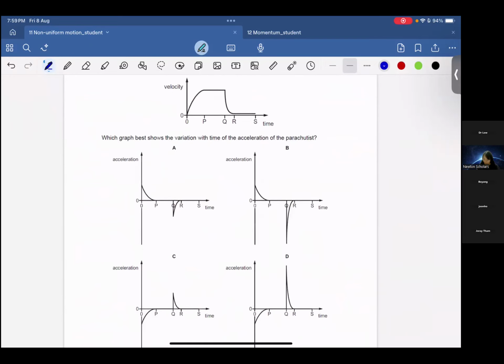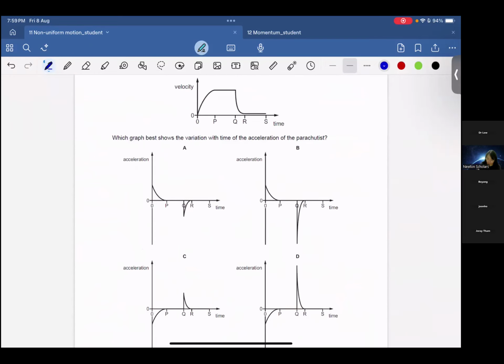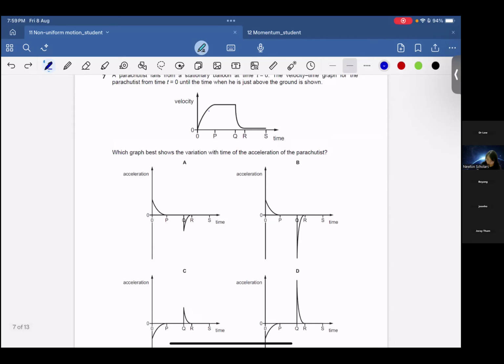Boys and girls, try. You have to think: starting, what's going on with the acceleration? Then here, what's going on with the acceleration? Then after that, what's going on with the acceleration? Then you choose A, B, C, D.